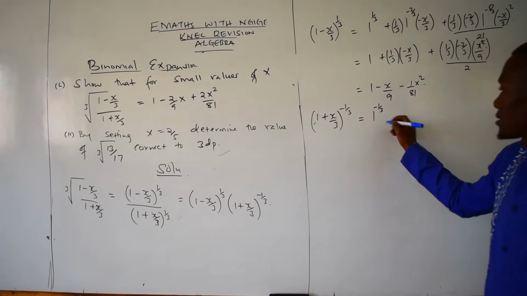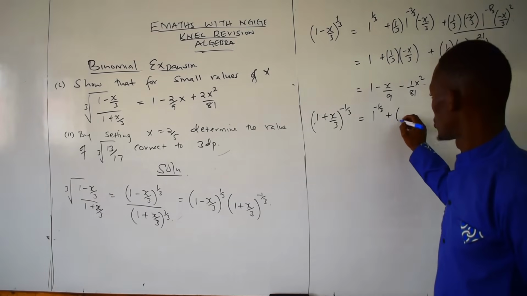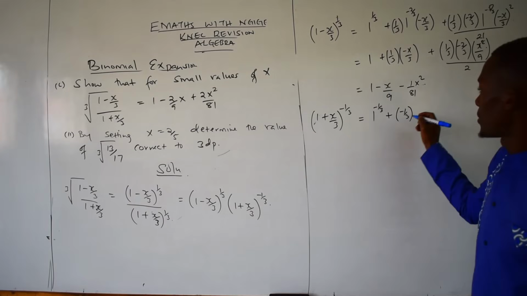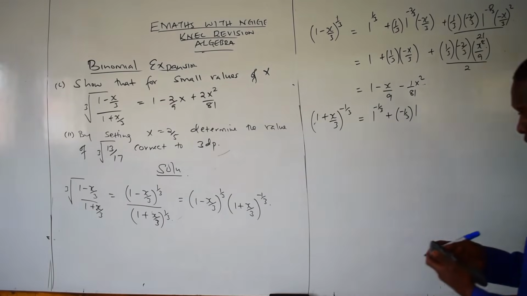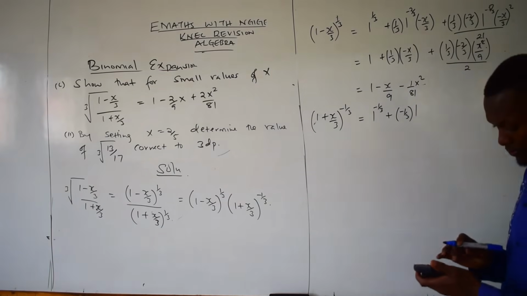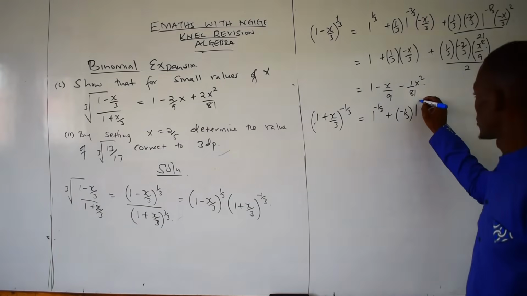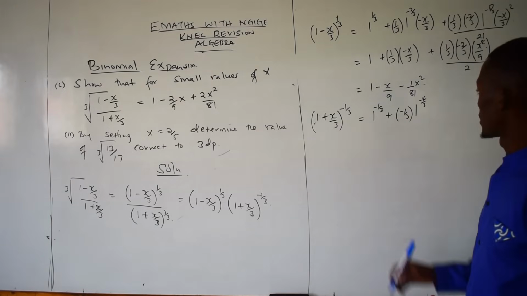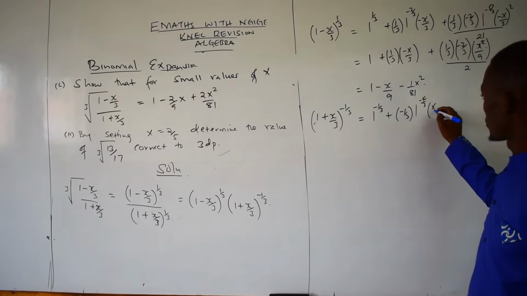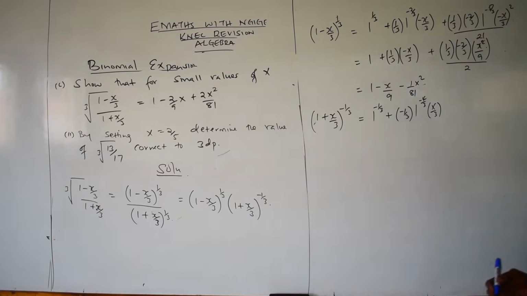And the second term is: drop the power, so plus negative a third, then reduce the power by 1. Negative a third minus 1 gives you negative 4 over 3. Then I introduce this term here, x over 3, which is to power 1.